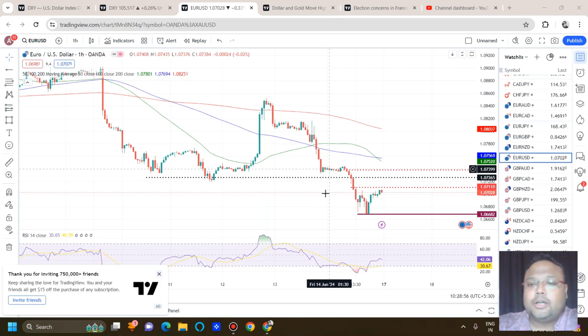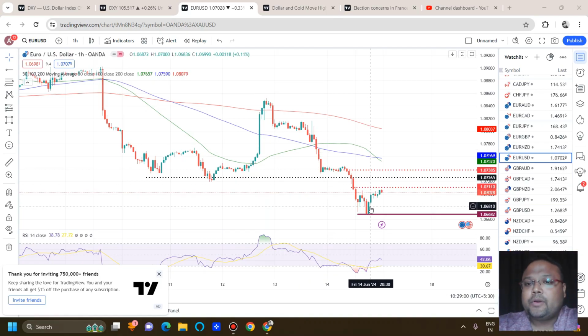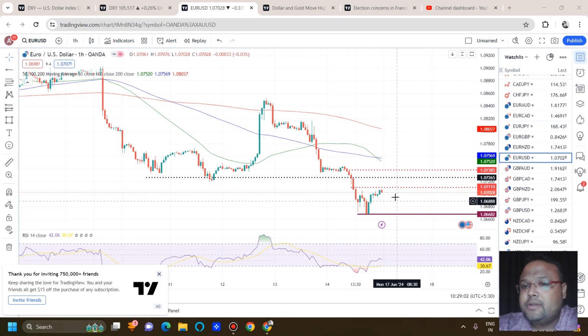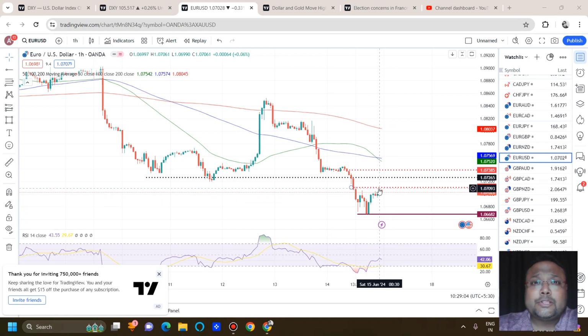So euro dollar, after making a low of 1.0668, closed at 1.0702. This is the last traded price. So here also the market opening is going to play a major role. Right after the market opening, observe the volatility of the market. Usually we don't get to see much volume in the first half.